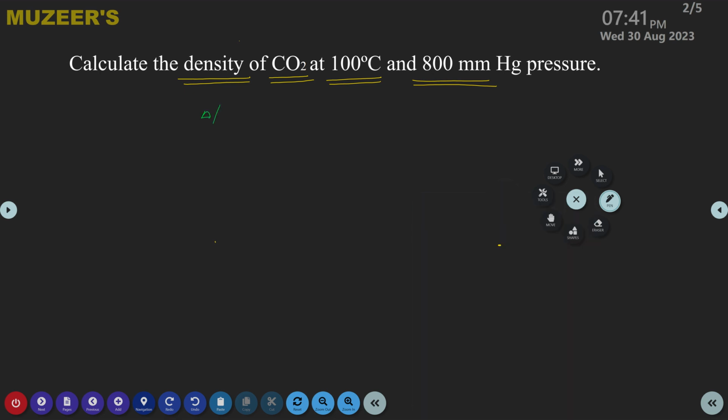So according to ideal gas equation, you know very well, PV is equal to nRT or PV is equal to W by M RT or P is equal to WRT by VM or P is equal to, instead of weight by volume, mass by volume, this is nothing but density, dRT by M. We have to find the density.